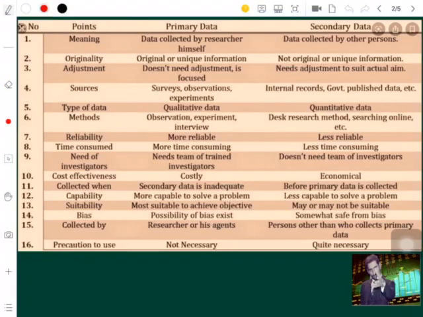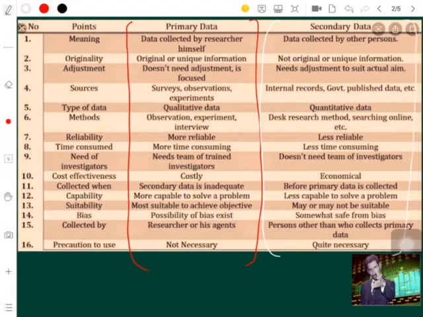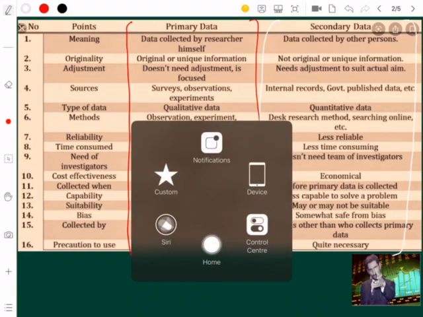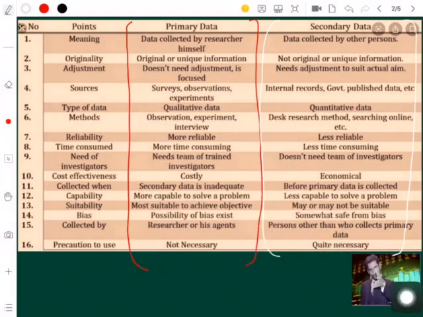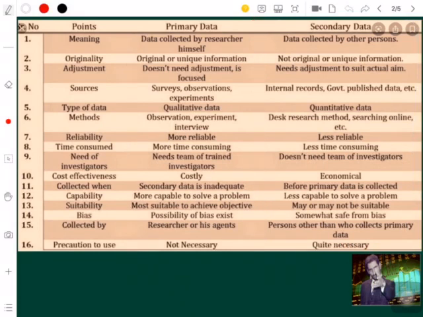Then all these pointers together will help you. This is your primary data. And if you are being asked about secondary data, these are your points for secondary data. So you will be able to answer those questions. And this is the importance of this chart, that it differentiates your primary and secondary data.